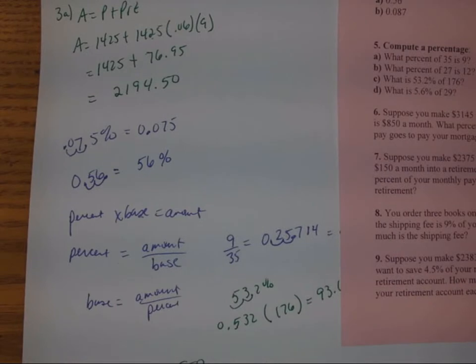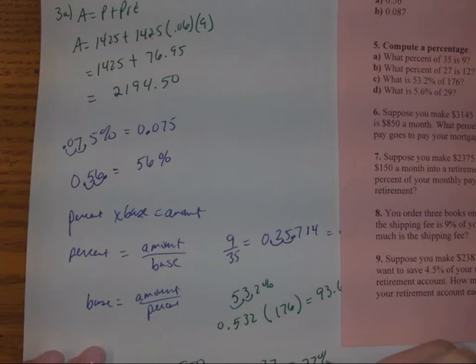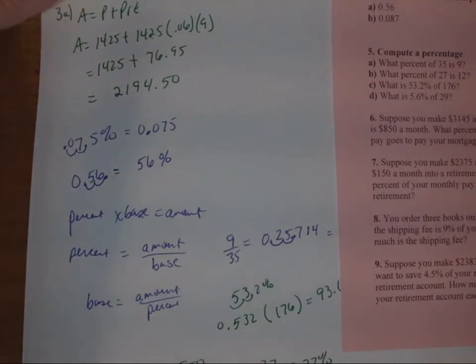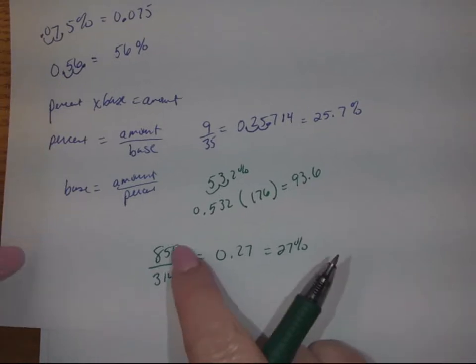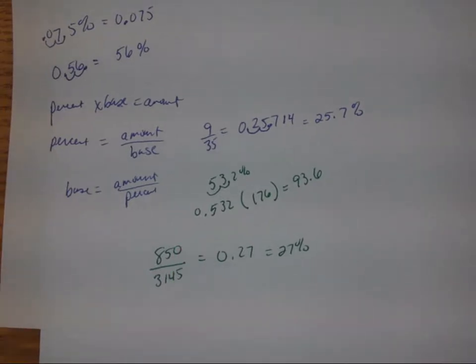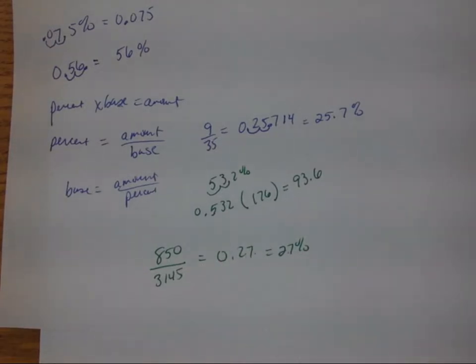We get 850 divided by 3145, which will get a 0.27, which is 27%. So we took our amount that we were given for the rent over the entire paycheck, gets us a decimal. We move it over again 2 places to the right to get our percentage.